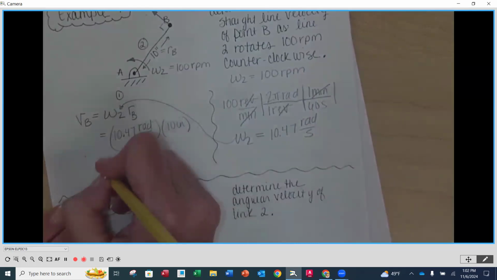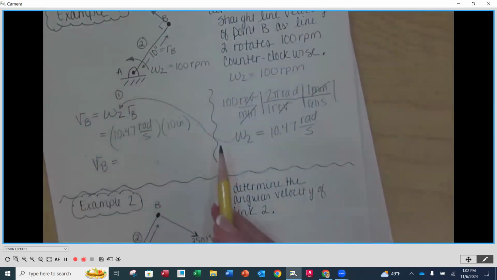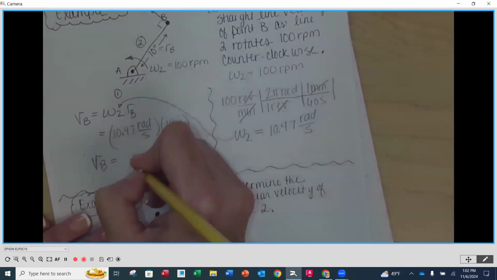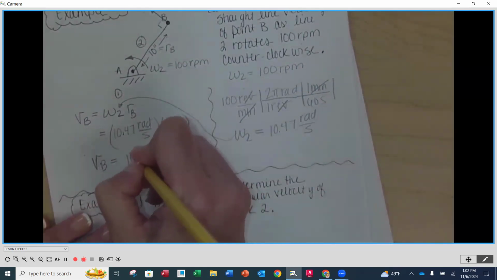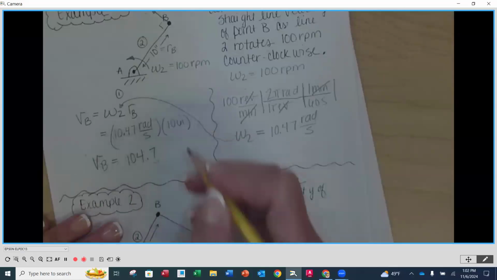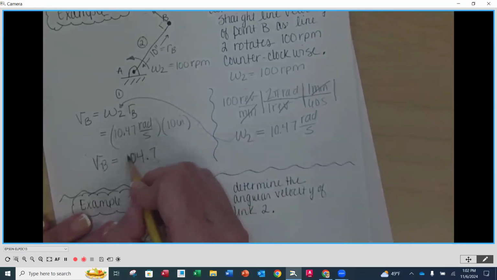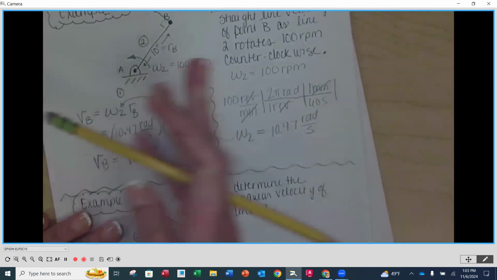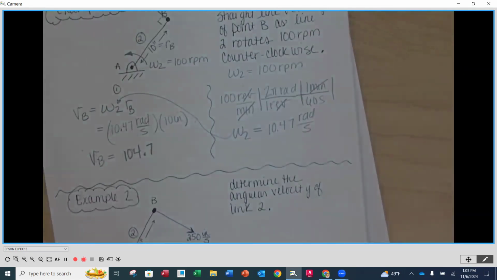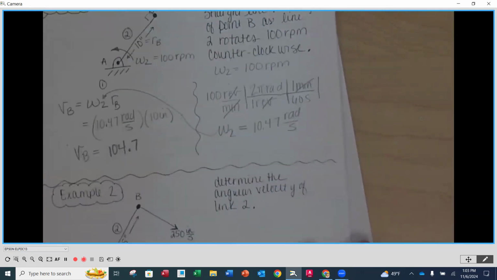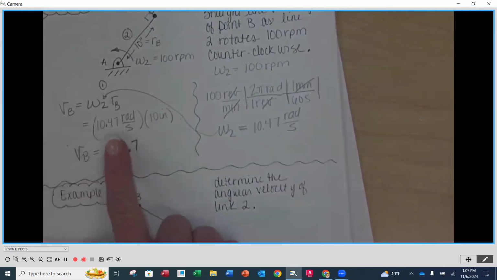So now when we multiply these two out, V sub B is going to be equal to, looks like, 104.7. And now let's talk units. Thank you, Kangmen. Good. And Ben, excellent. You guys got the same answers. Perfect. So now we've got 104.7, 10.47 times 10.